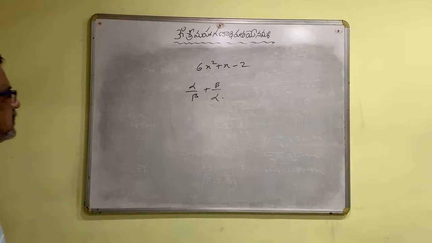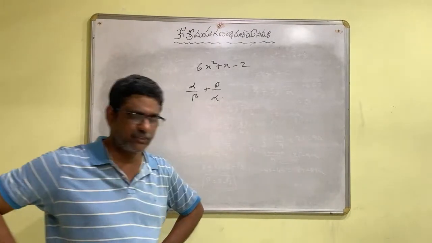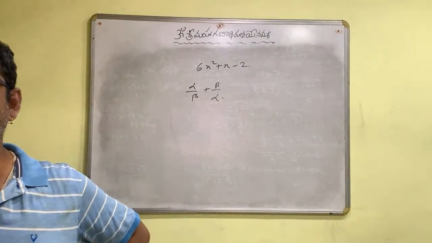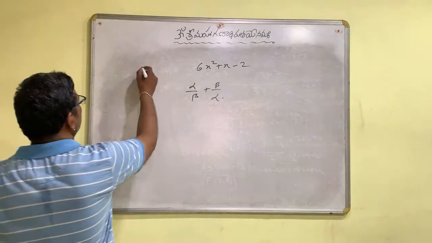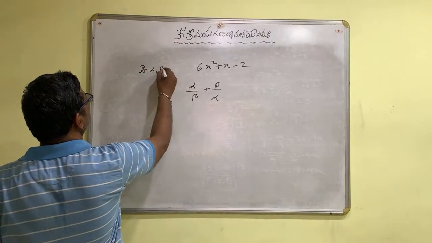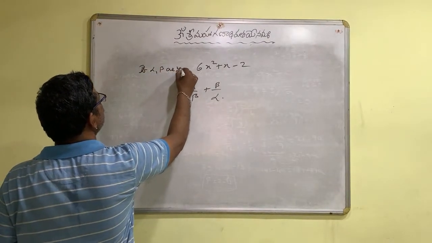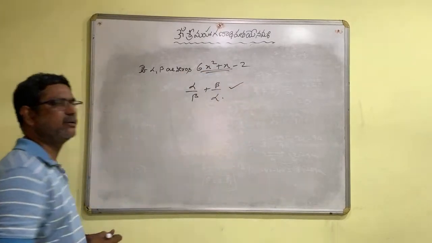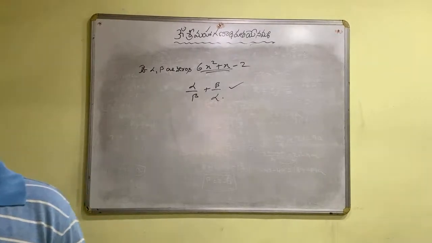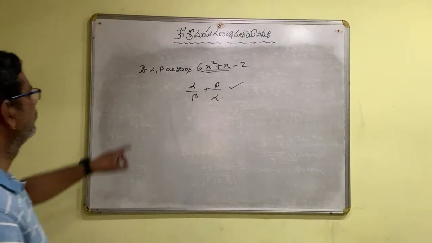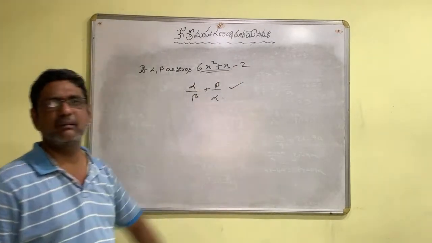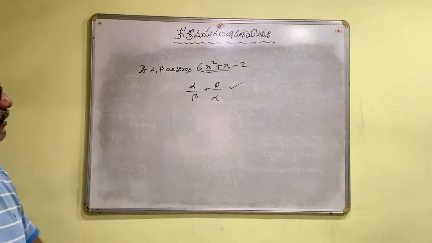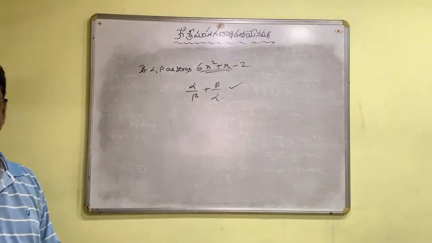6x square plus x minus 2 is a quadratic polynomial. If alpha, beta are zeros of this polynomial, you need to find out this value.